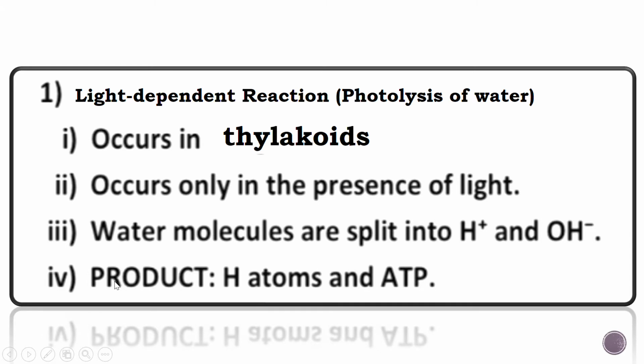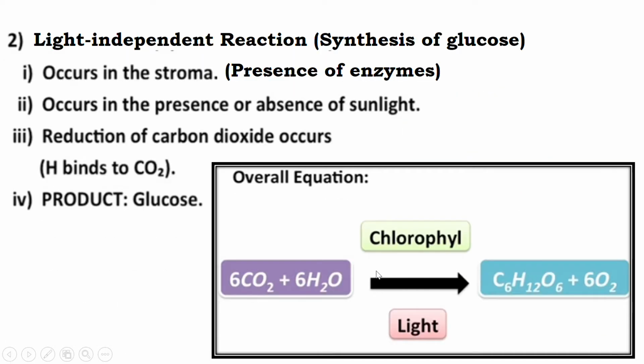So, very important here, the products of the light-dependent reaction, two of them, hydrogen atoms, not hydrogen ions, atoms, and also chemical energy in the form of ATP, these two will enter into the light-independent reactions, the second stage.